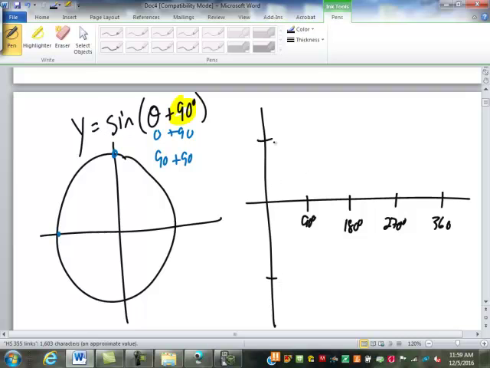Of course, my amplitude is going to go up to +1 and down to -1, and there is no shift up or down and only one cycle for 360 degrees. So I'm going to go ahead and draw in my sine curve: 0, 1, 0, -1, 0.